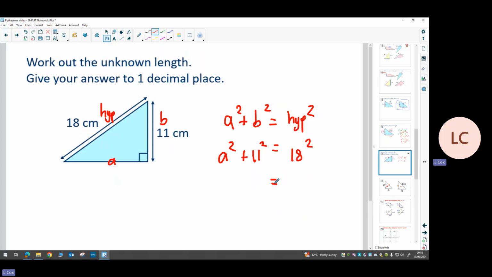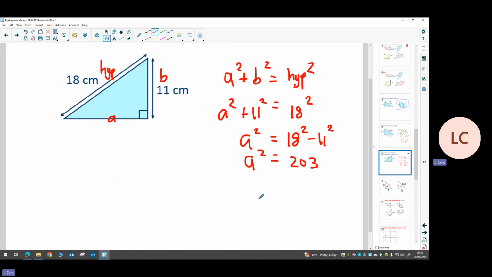So I have to use the takeaway version because they've added 11 squared. I have to do my equation where I take away 11 squared. This is going to be a bit trickier. So I'm going to have to type this in. Can you type this in as well, please? 18 squared, take away 11 squared equals, so a squared is 203.